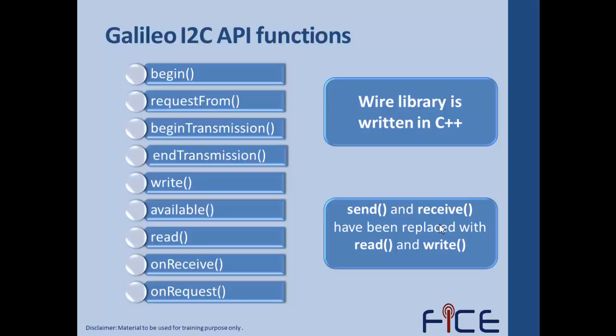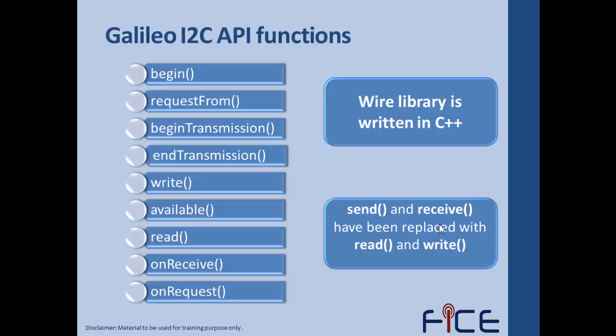This Wire library has been written in C++ language, and has functions like begin, requestFrom, beginTransmission, endTransmission, write, available, read, onReceive and onRequest. These are the functions related to the I2C APIs, and we are going to discuss them now. And here you can see that send and receive have been replaced with read and write.